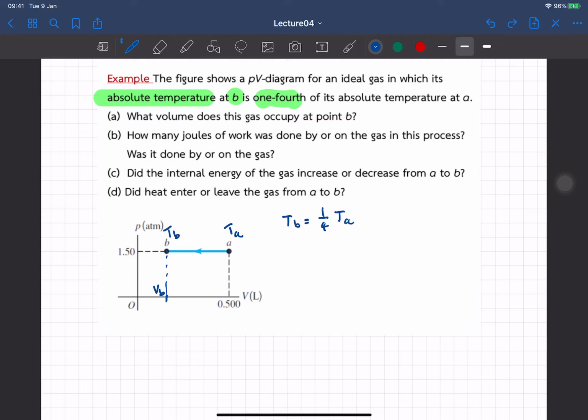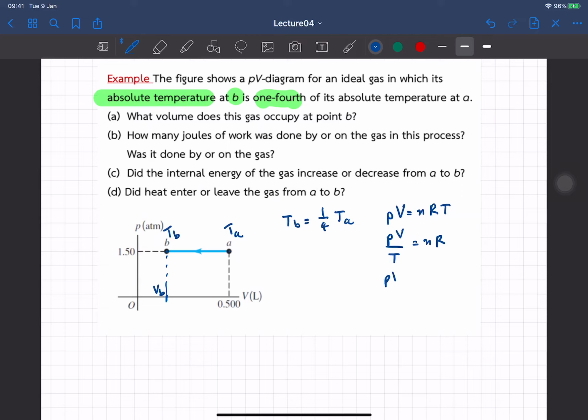So how do we do that? Well, this is the information that we have here. Remember the formula PV equal to nRT, right? And we also did something like this, PV over T equal to nR, which is a constant because there's no gas leaking in or out.